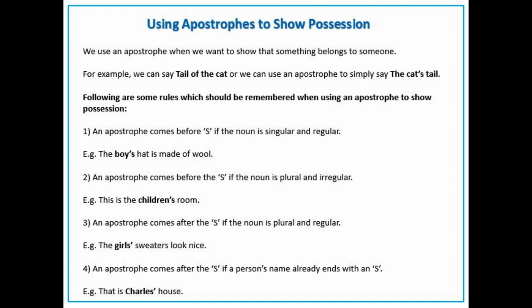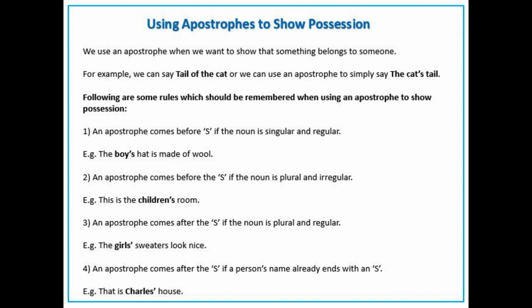So if the noun is plural and regular, then we simply put an apostrophe after the plural S, and we do not put an additional S after the apostrophe. For example, the girls' sweaters look nice. We are not talking about a single girl here. We're talking about several girls and all of their collective sweaters. So we are going to put an apostrophe after the plural girls' S.